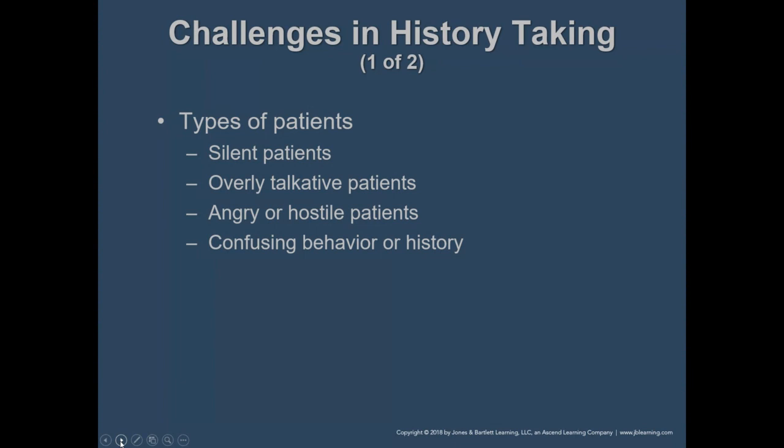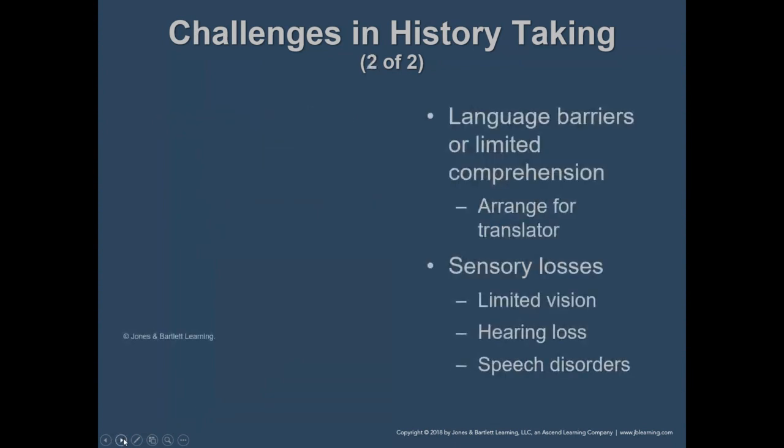Is it a sympathetic stimulant? They are wound up. Angry or hostile patients, hopefully you know how to deal with those. Confusing behavior or history: everybody gets confused. I'm going to take for granted that you know how to deal with some of those situations. All of these are challenges.